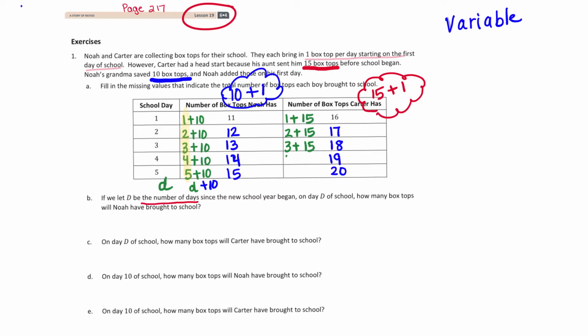And if you notice, that is where the pattern starts happening, and it's more obvious to you. So hopefully by writing the information here, you can see again that the variable represents the days. We already said we're going to use D for days. So that will be D plus the 15, and that will be the expression for Carter.